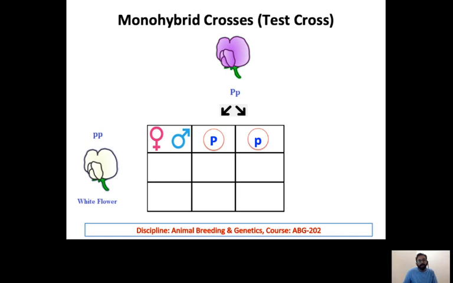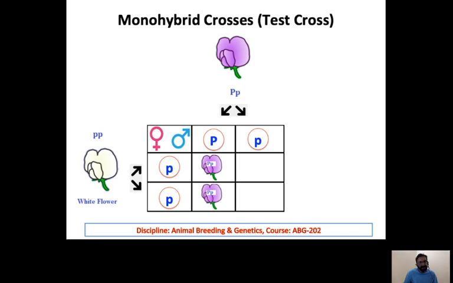So when it's crossed with the heterozygote, and this is the case of complete dominance, it will produce two alleles which are recessive in nature. And in the first, we will get again the heterozygote, that would be the pink.